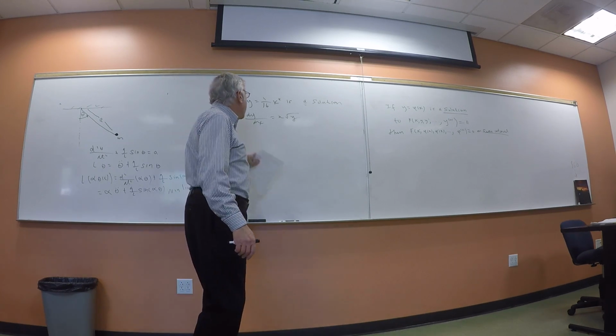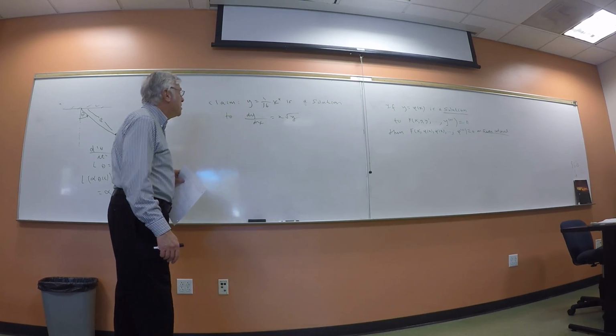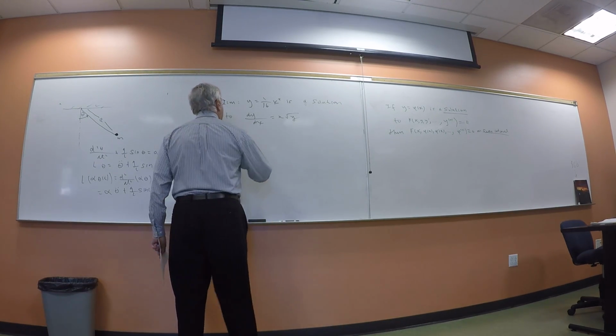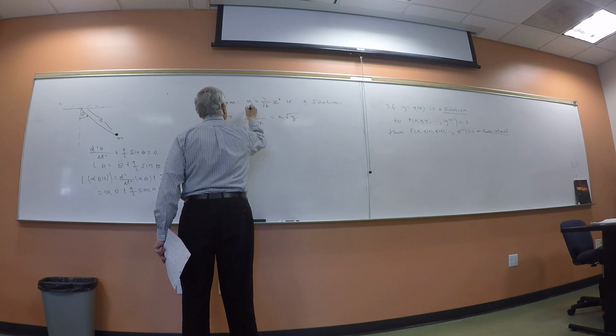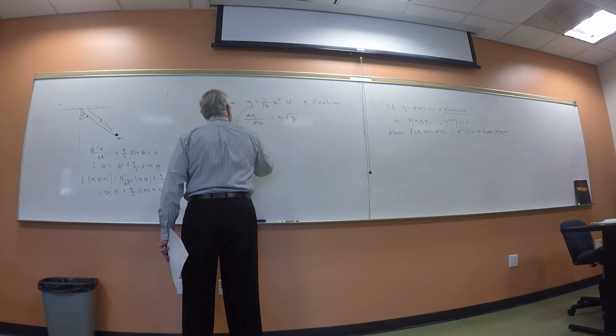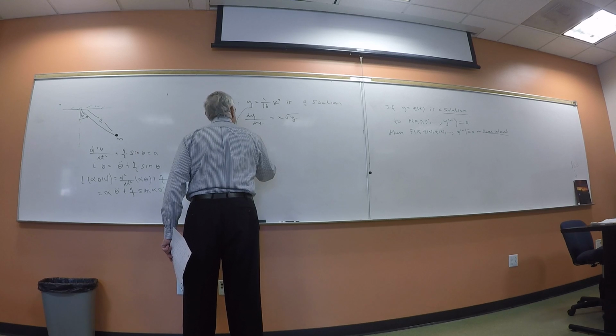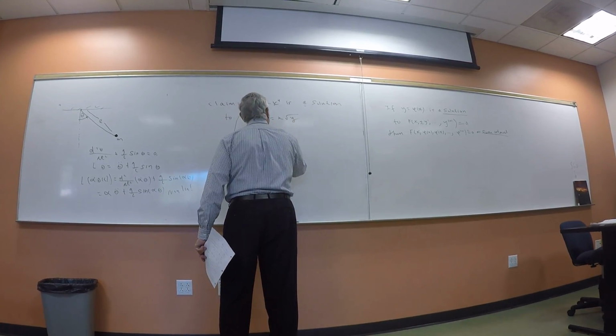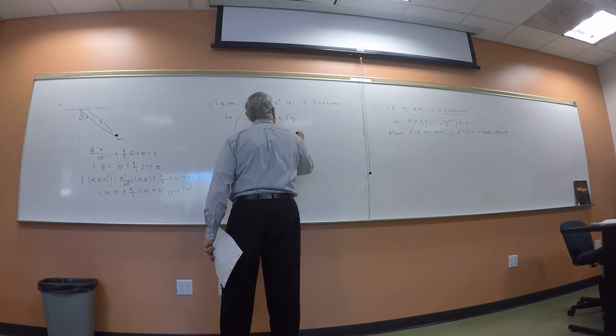Now, I didn't derive it, but can we at least verify that it's a solution? Sure, just plug it in. So from this it follows that dy/dx, the derivative of x to the fourth is 4x cubed, so you get 1/4 x cubed.